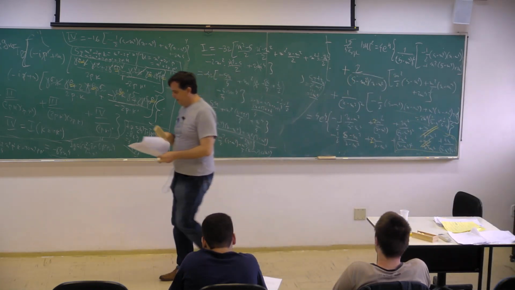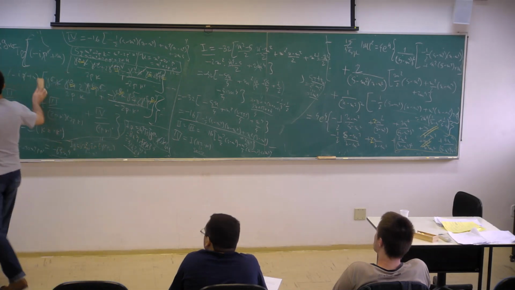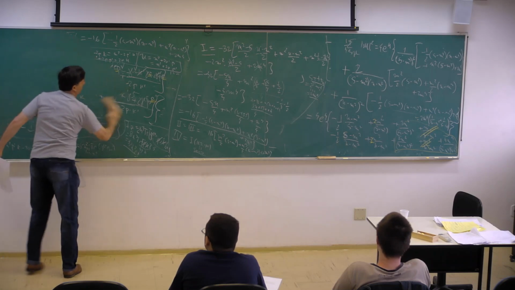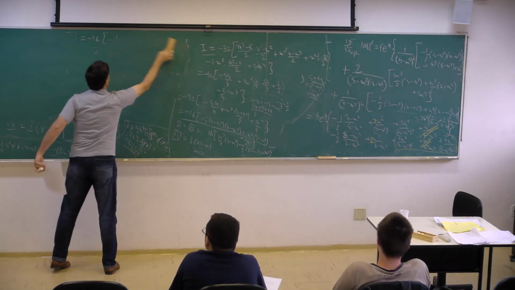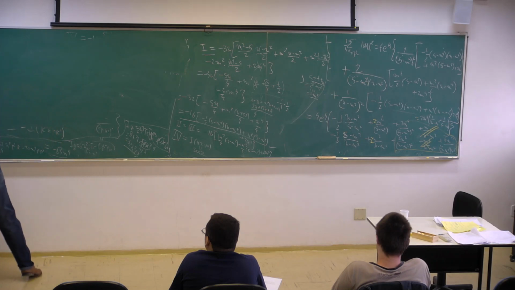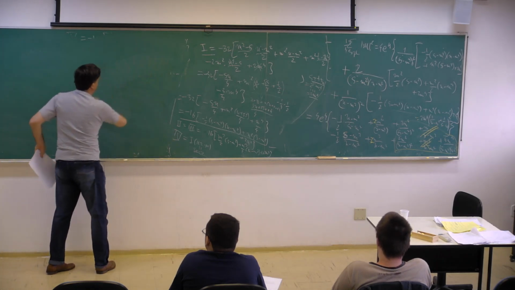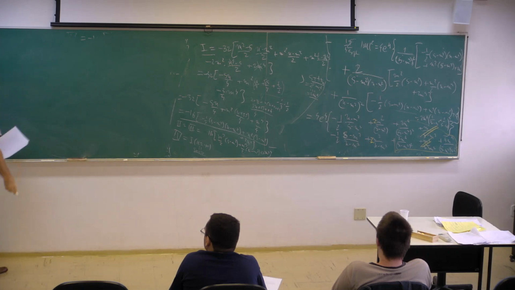So finally, we've come to the relativistic cross-section. The relativistically invariant cross-section is this, dσ/dt.